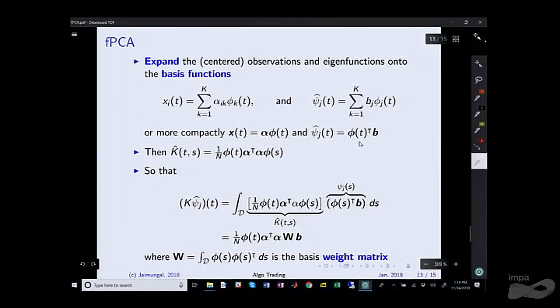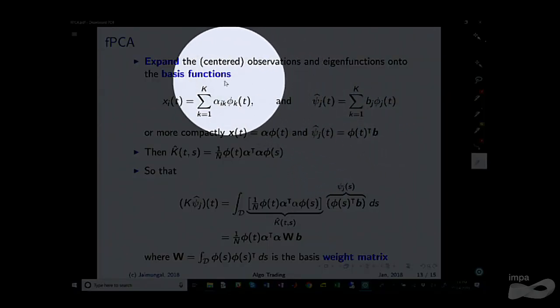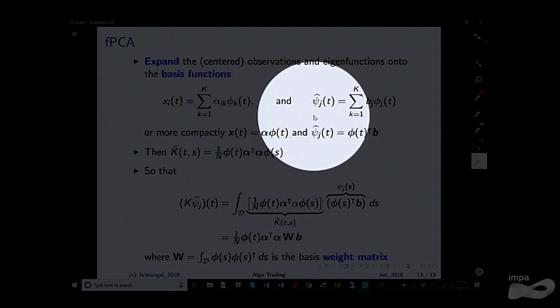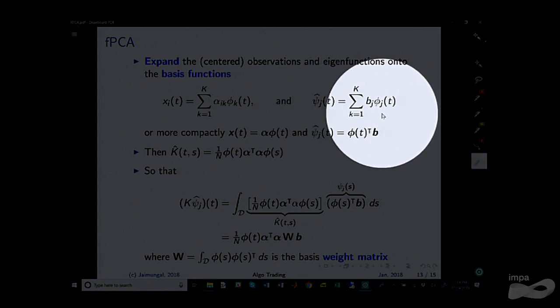Then, what we'd like to do is say, okay, our actual data is given from the basis given by phi, which is not the eigenfunctions associated with the kernel operator. What we would like to do is find out what are the estimates of those eigenfunctions by projecting them onto the same bases that we've used for our data.